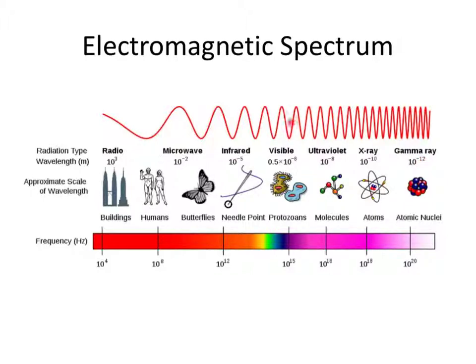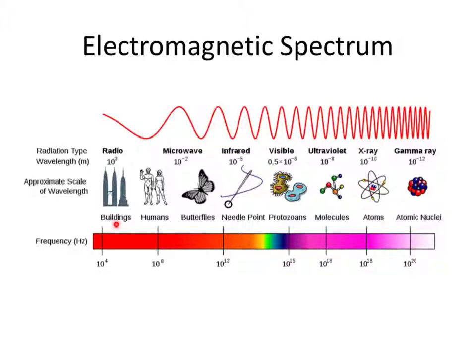Now, if we go to the lower frequency, we can see infrared. You've perhaps heard of infrared cameras. These are electromagnetic waves. Microwaves, of course, we're all familiar with those, as well as radio waves. Down here, it shows you some of the approximations of the length of the waves.